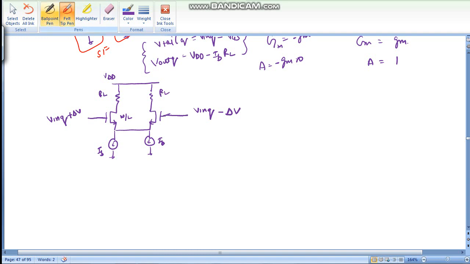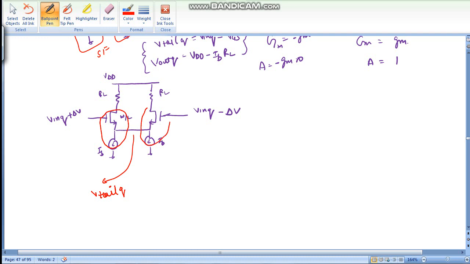Now this tail node V tail Q will be, this portion will act like a source follower.